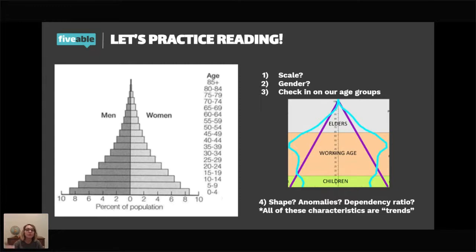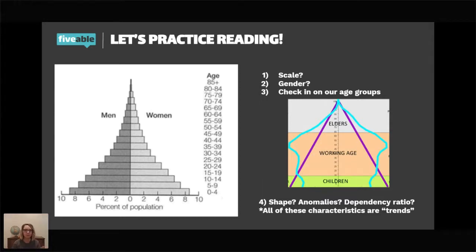So if you just look at that 15 and under age range, that's where the bulk of our population is. That bulk is only going to increase as it moves up the pyramid. So this pyramid is going to get fatter as time goes on. Like if we looked at this pyramid 50 years from now, it would get fatter through the center because the majority of your population is going to start having kids once they reach the birthing age.